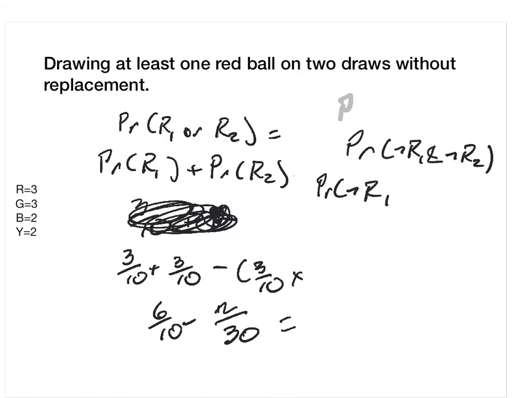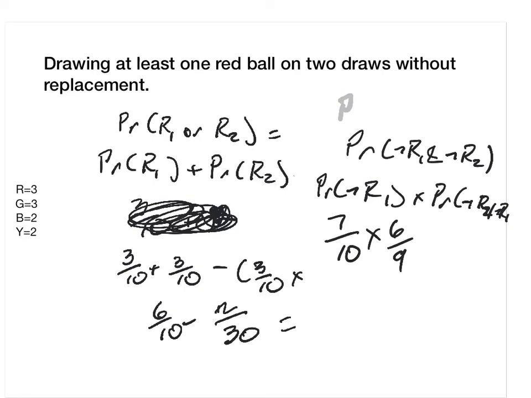Probability of a non-red ball in the first one times probability of a non-red ball on the second one given a non-red ball on the first one. Okay, so that's going to be equal to 7 over 10. We have 3 red balls, so we know we have 7 non-red ones, times, and we're not putting it back, so that means 6 over 9 there, right?